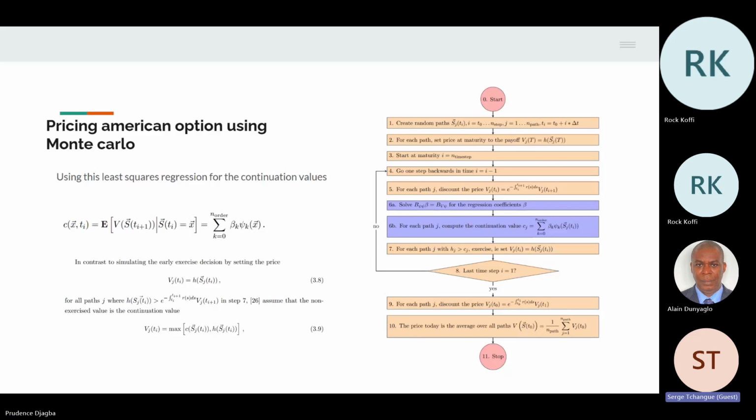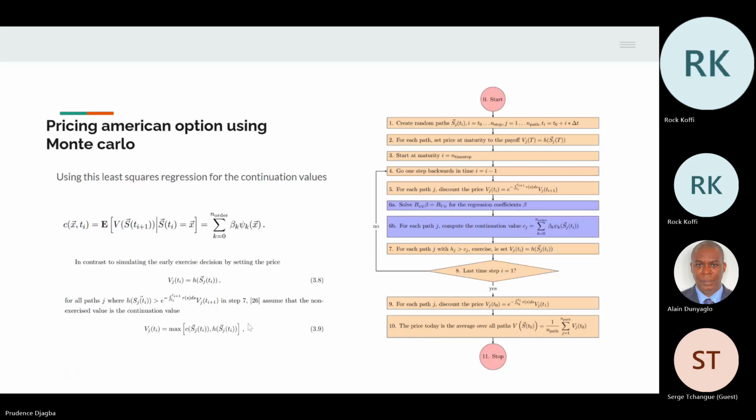If the continuation value is bigger, you use the discount value. But if the continuation value is small, you just use the payoff today. That's the only thing I wanted to make sure you understand, because you said you use the continuation value.